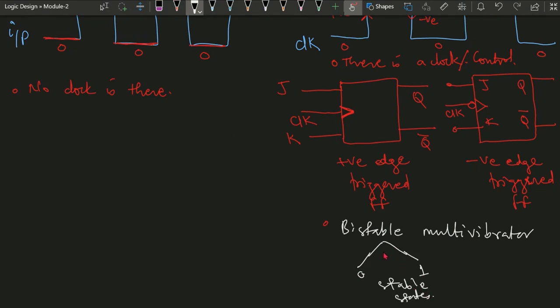If the flip flop is changing the output, then it will go to either 0 or 1. So two stable states are there. That's why it is bistable. Similarly, the latch is also called a bistable multivibrator. Here also two states are there, either 0 state or 1 state.